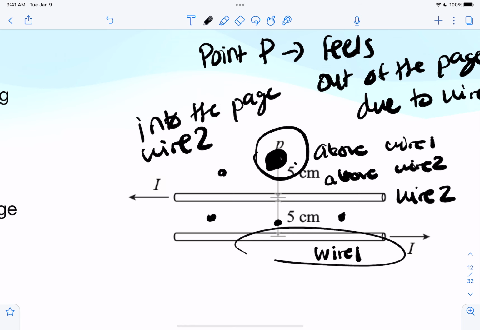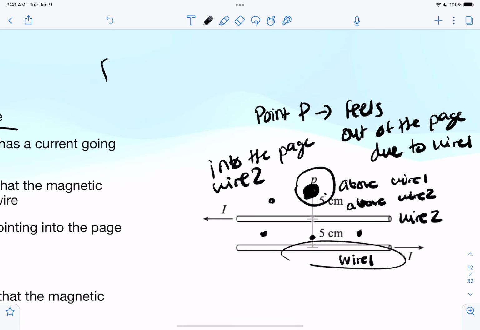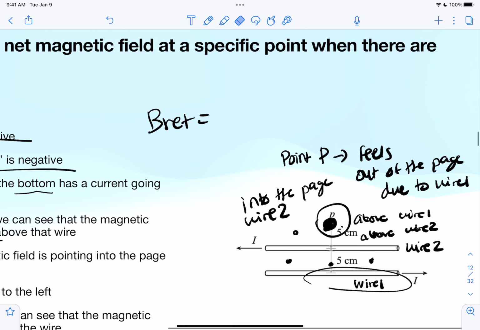And like I said earlier, into the page is positive and out of the page is negative. So if we were to calculate B net, basically, it would look like something like this. It would be B wire 1 is out of the page, and that's negative, and B wire 2 is into the page, and that's positive.